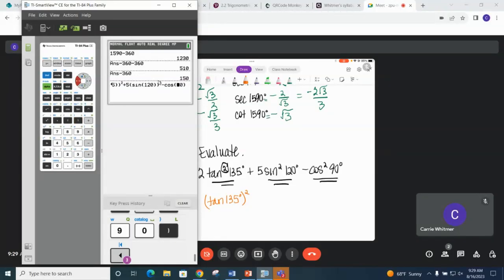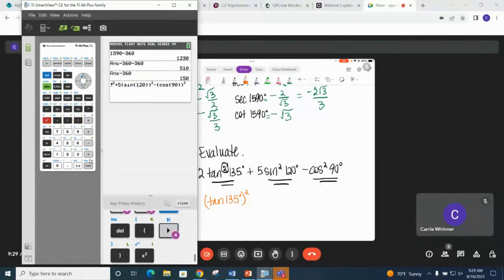And I forgot my parentheses there, didn't I? After I made such a big deal about that. There we go. And squared. And there's your answer.